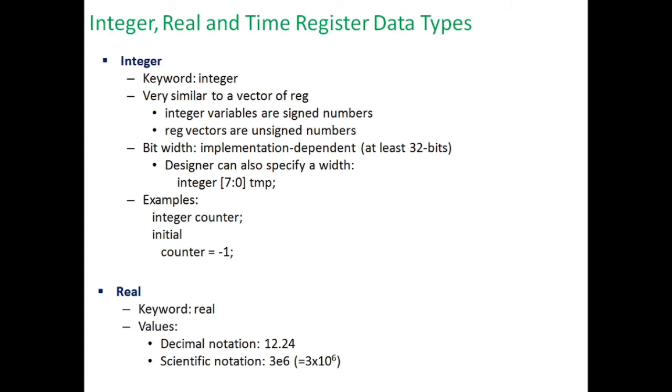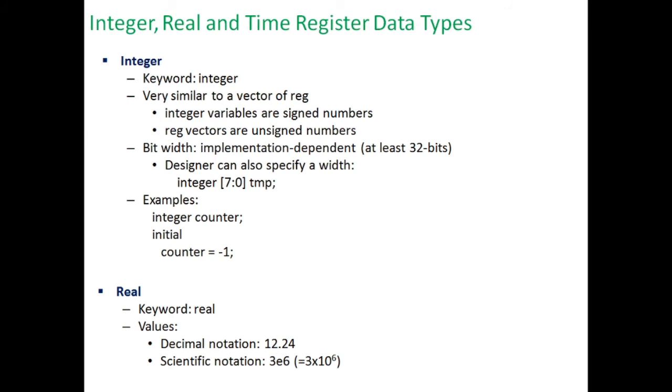Of course, I can use reg as a general purpose keyword, but it doesn't support signed quantities, for which it is more convenient to use an integer variable for activities like counting. The default width of an integer is again machine dependent.